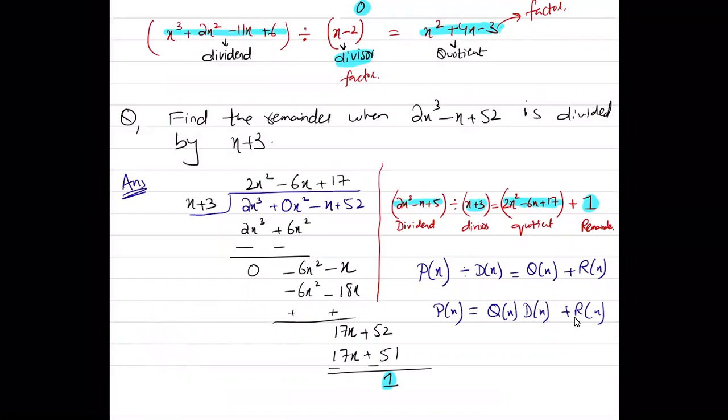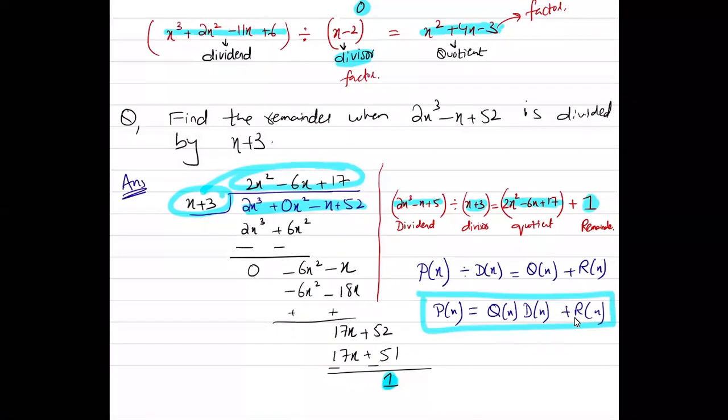So the idea is that the polynomial is always equal to the multiplication of the divisor and the quotient, and then you're going to add the remainder to it. So you need to remember this: a polynomial is always equal to quotient times divisor plus the remainder. That is basically the algorithm that is used to solve a polynomial always.